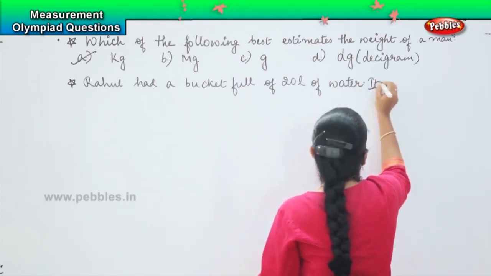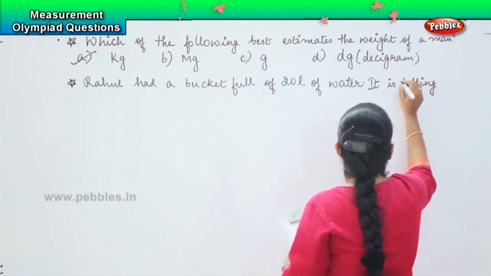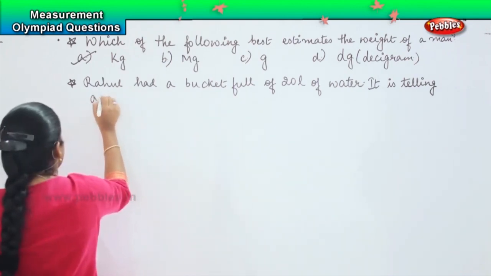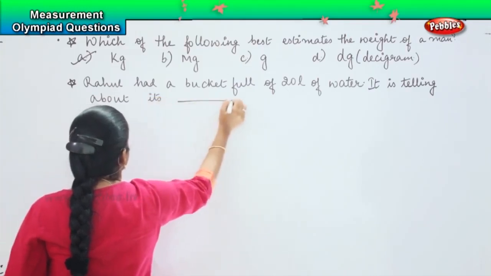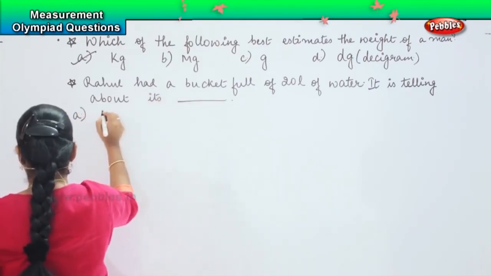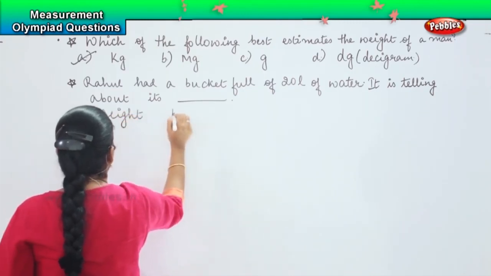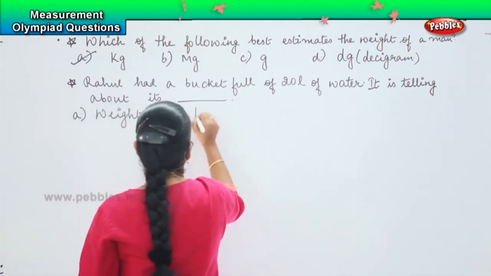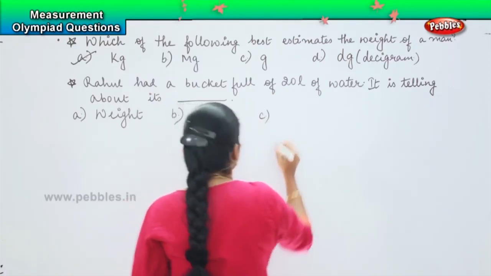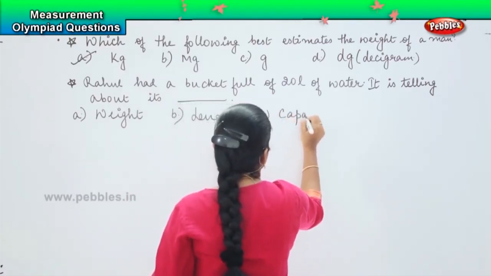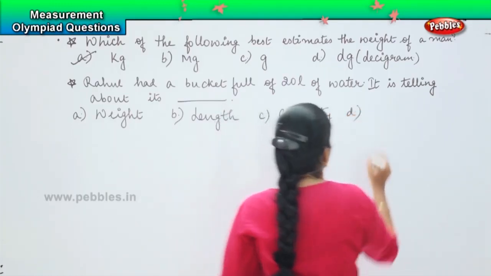It is telling about its dash, and your options are A, weight, option B, length, option C, capacity, option D, none of these.